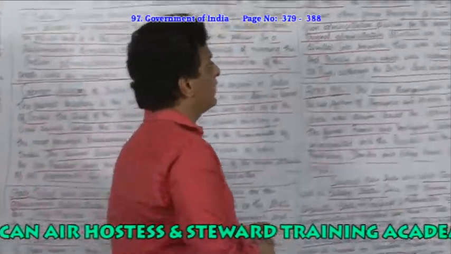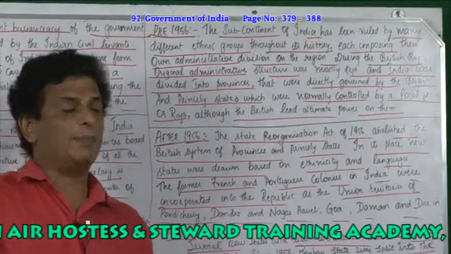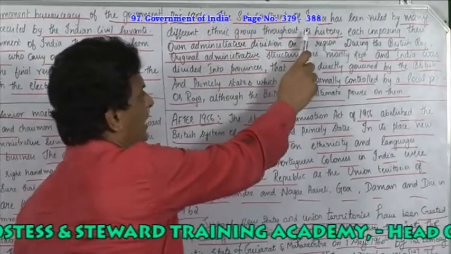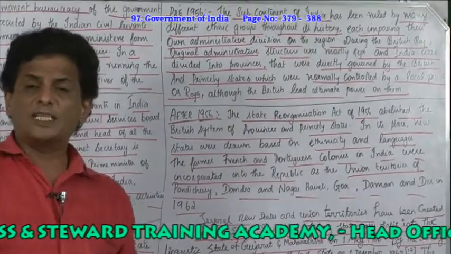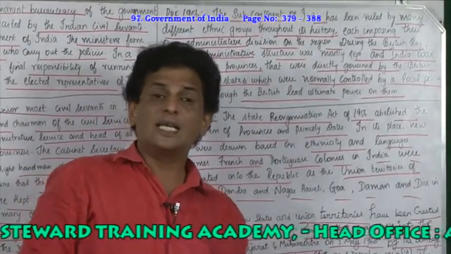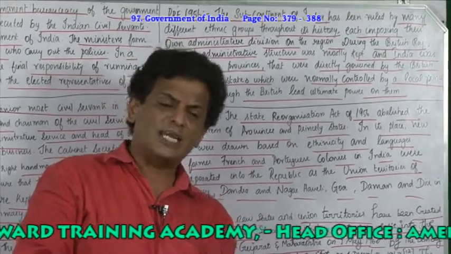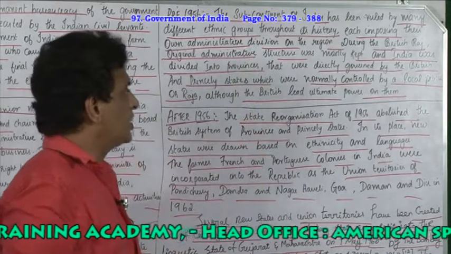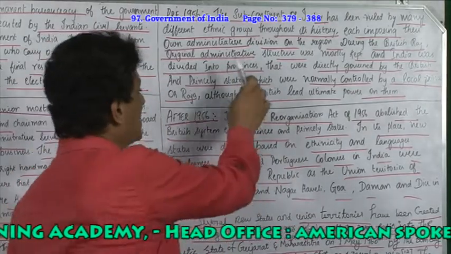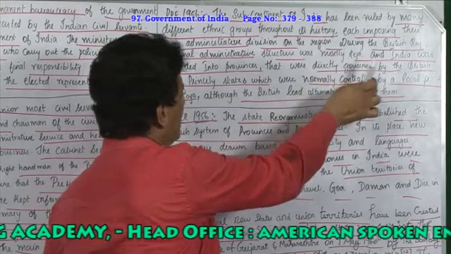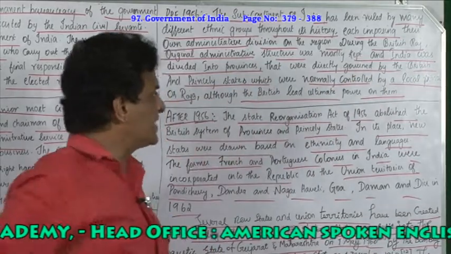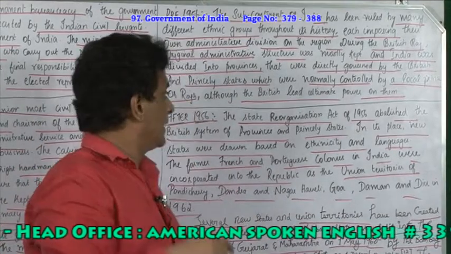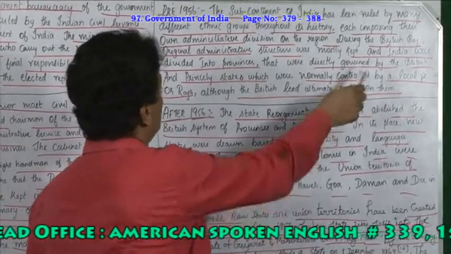And coming here, my dear friends, before 1956, what happened? See, the subcontinent of India has been ruled by many different ethnic groups throughout its history. From time immemorial till 1947, it was ruled by various people, each imposing their own administrative division on the region. During the British rule, the original administrative structure was mostly kept, and India was divided into provinces that were directly governed by the Britishers.